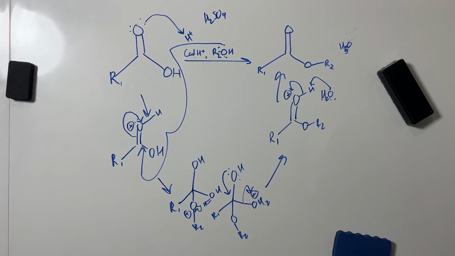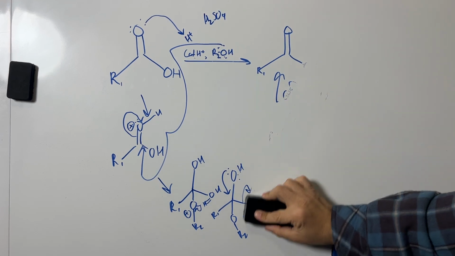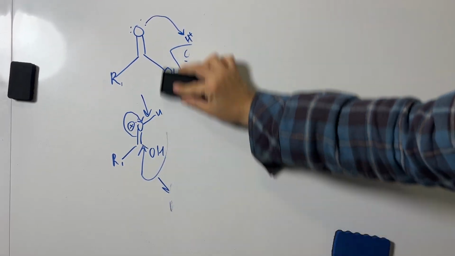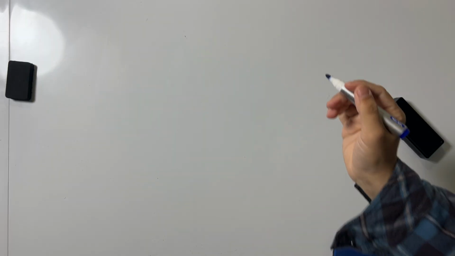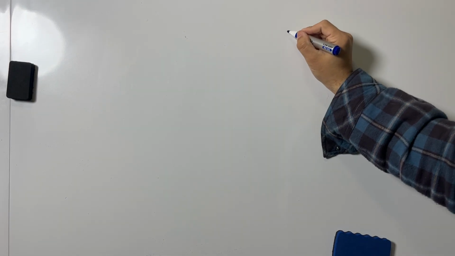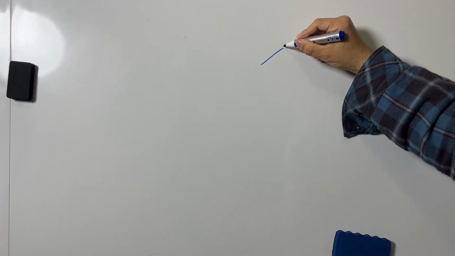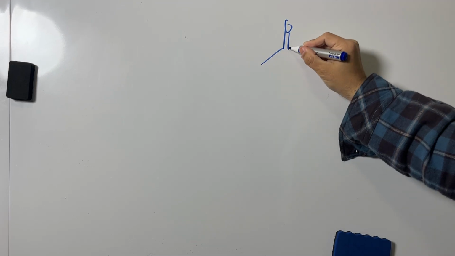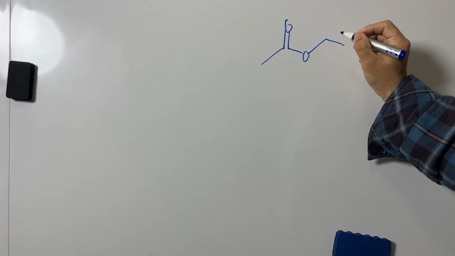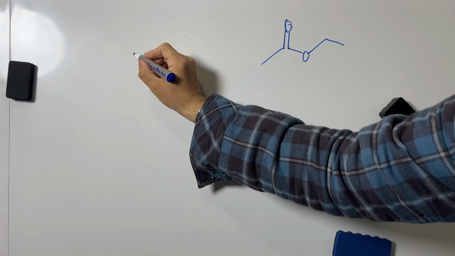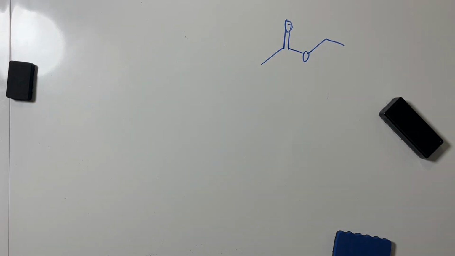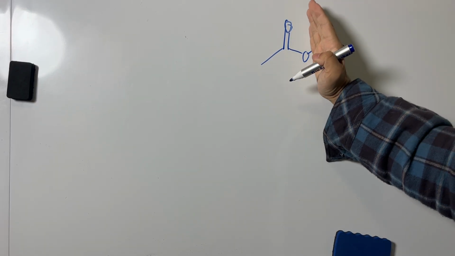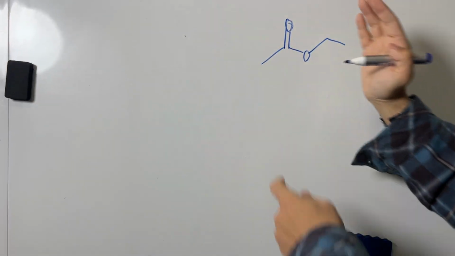So a lot of times what you'll be asked on your exams, we'll go over some examples here where we don't work through the mechanism. So say we want to make ethyl acetate. This is what ethyl acetate looks like. So what do we need for that? We go like this: that's acetic acid.